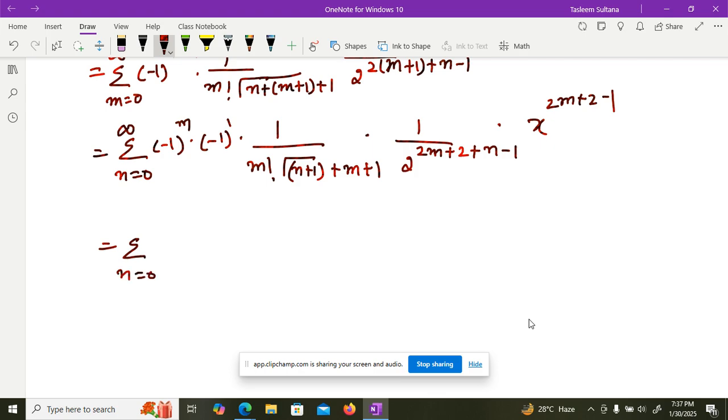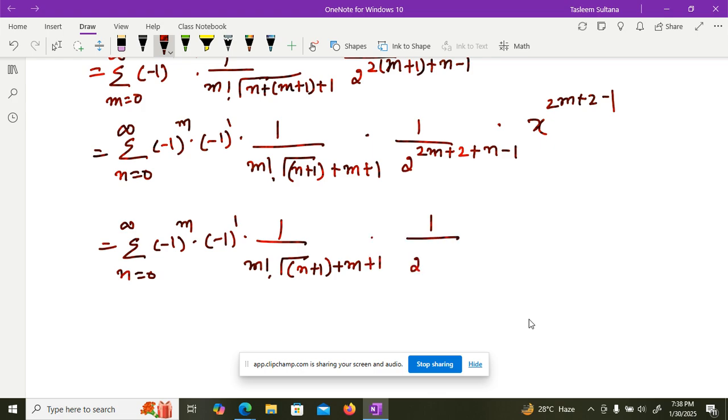Summation m is equals to 0 to infinity minus 1 to the power of m into minus 1, 1 divided by m factorial gamma of n plus 1 plus m plus 1, into 1 divided by 2 to the power of 2m plus n plus 1, into x to the power of 2m plus 1.